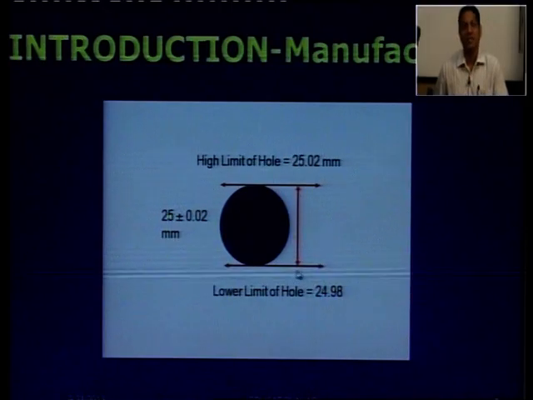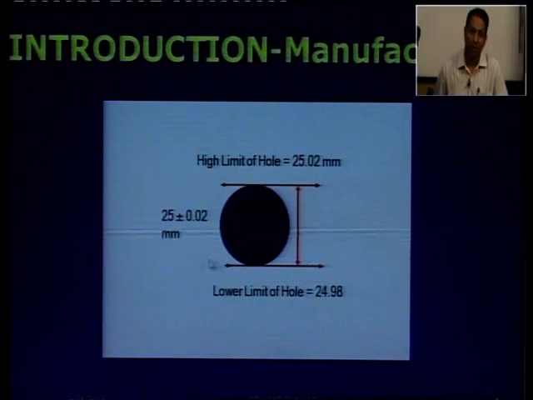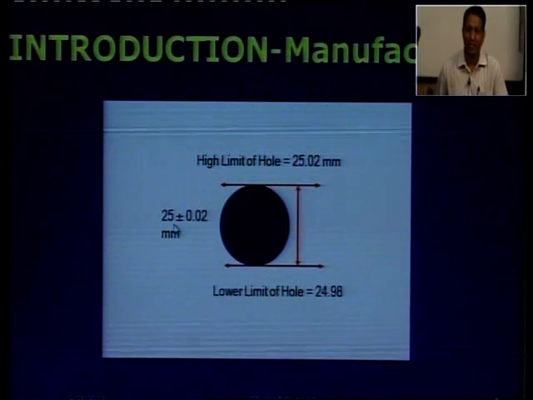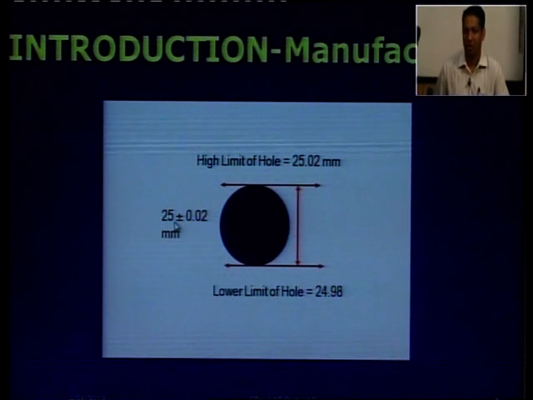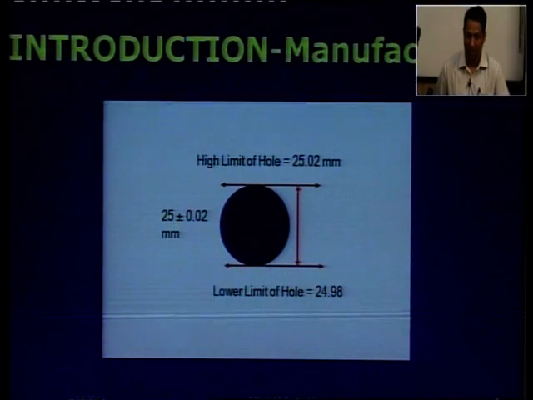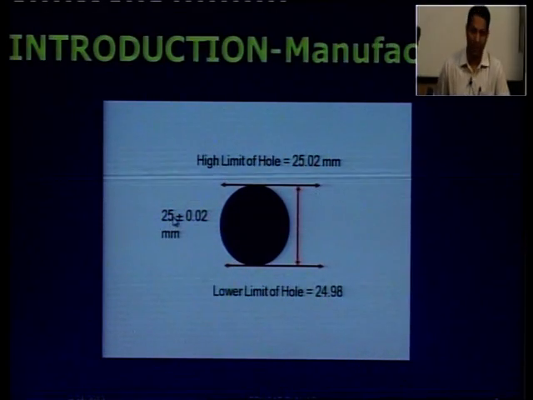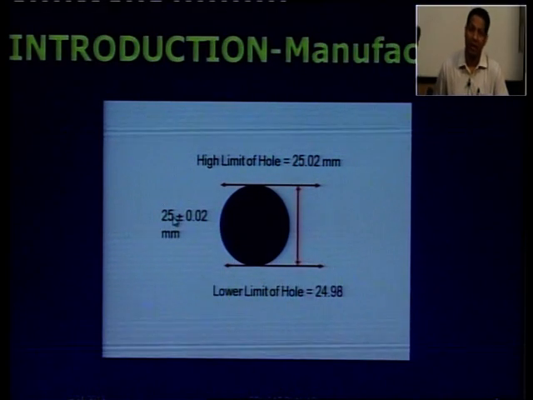So why is a range given, why is tolerance given? Because in manufacturing we cannot completely produce the hole with exactly 25 mm dimension. It is sometimes impossible, and sometimes it becomes difficult to reproduce the 25 mm diameter again and again. There are so many reasons for it.